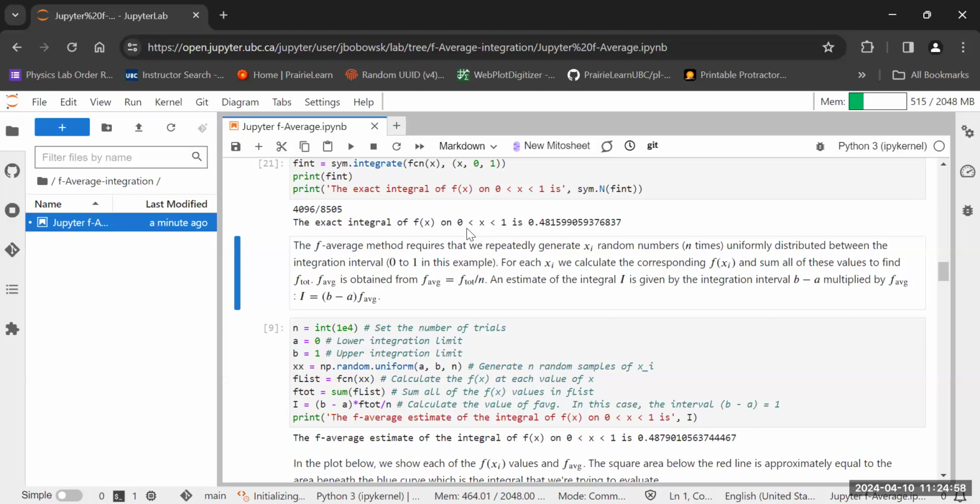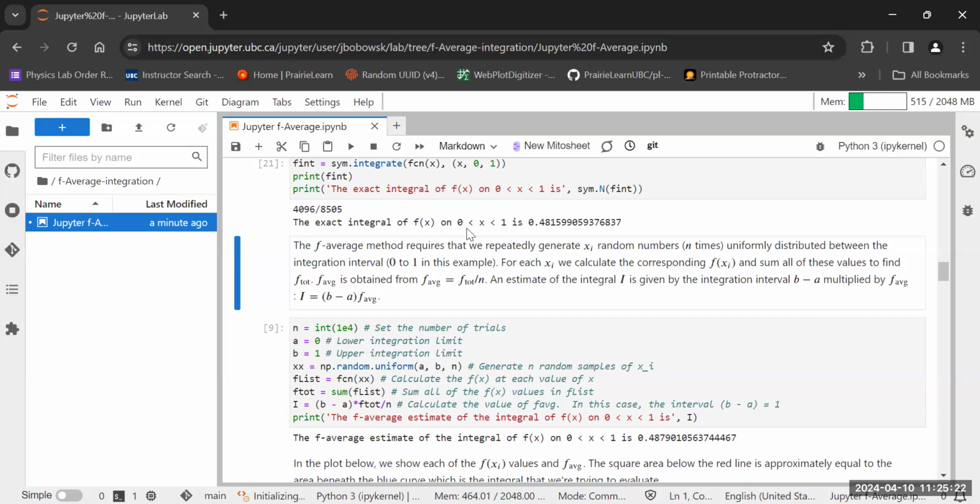Okay. And then one of the last steps will be to add up all the values of y_i in the list. Then our integral I is the integration range, b minus a, times the total, f total, or y total in our notes, divided by the number of trials.